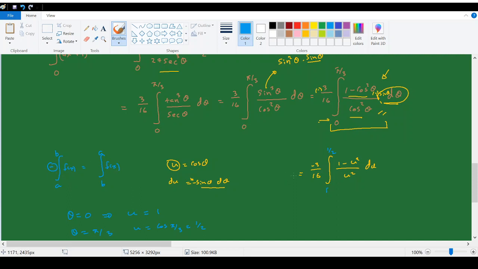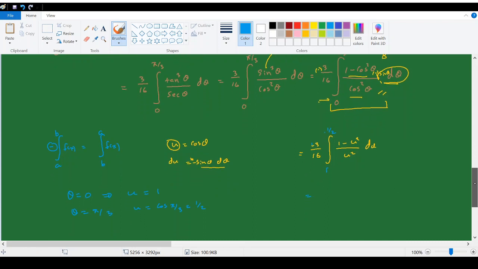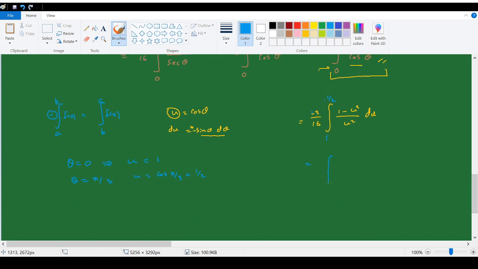So now as we have a negative term as a coefficient, we can get rid of this negative term by interchanging the two limits of the integral, right? So we can have half to 1 of 1 minus u squared over u squared du with 3 over 16 as the coefficient.